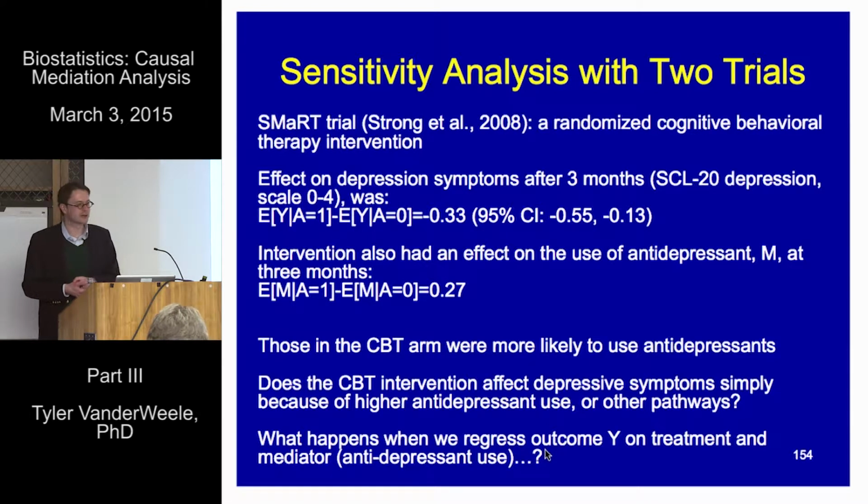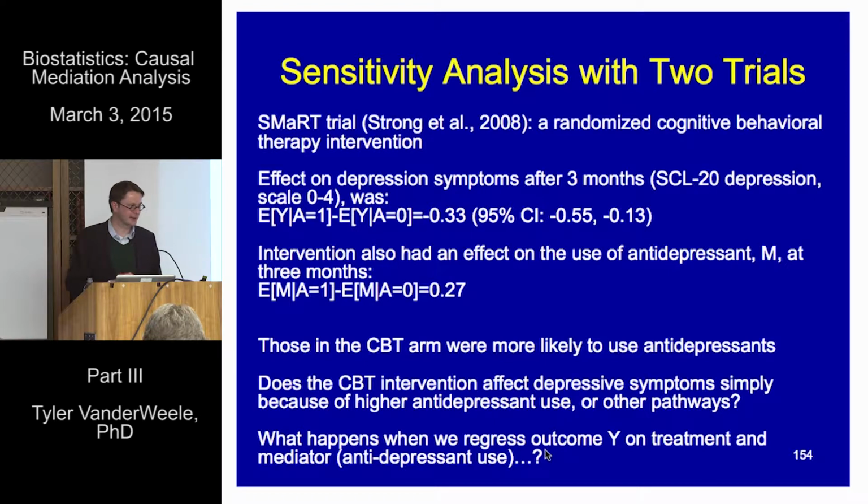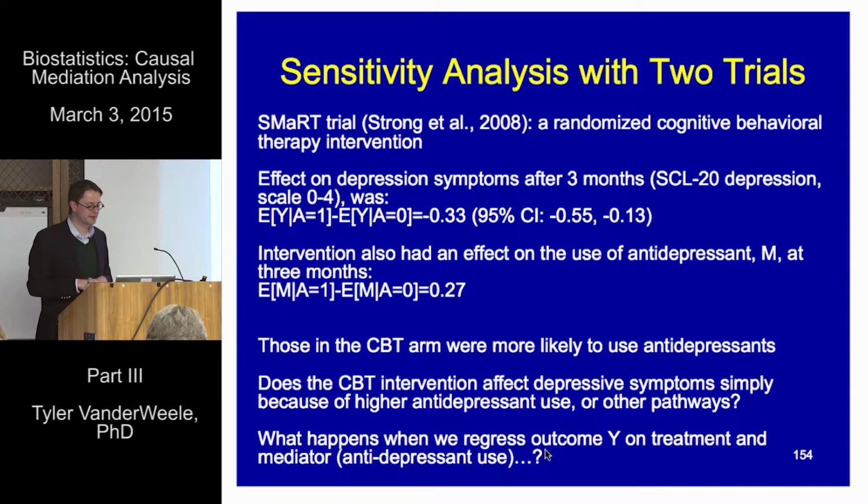And we will return to that trial of cognitive behavioral therapy where things really went wrong with the traditional approaches, and ask, can we do something else that might help us to draw conclusions in this case? Essentially, we're going to discuss a sensitivity analysis approach which uses data from two separate trials, not just one. So we'll spend a little bit of time on this topic.